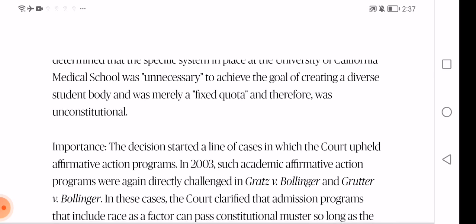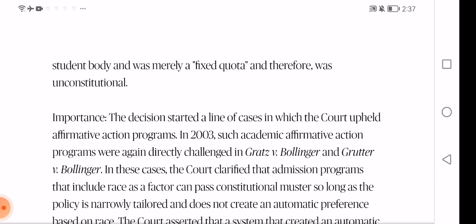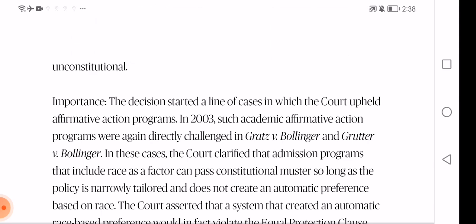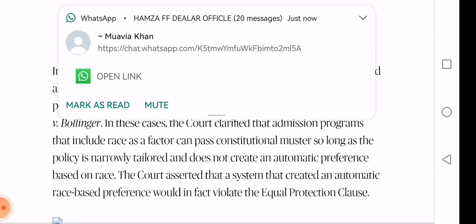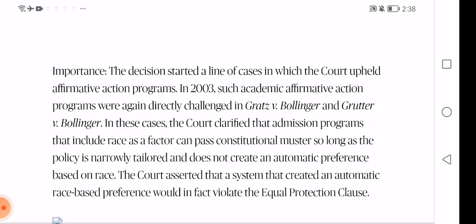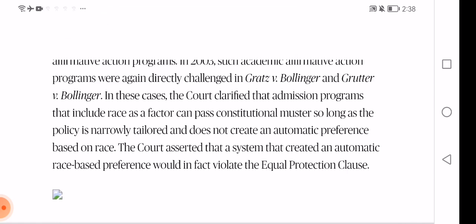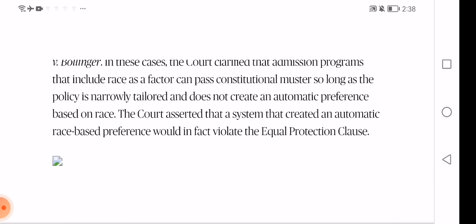Importance: the decision stayed the law until the court upheld an affirmative action program in 2003, when an academic affirmative action program was again directly challenged in Grutter. The court held that a program that includes race as a factor passes constitutional muster if the policy is narrowly tailored and does not create automatic preference based on race.